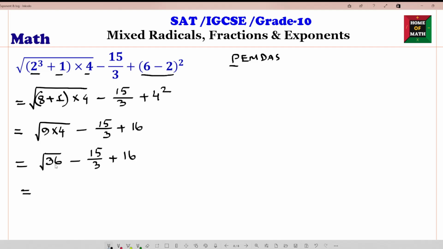Now 36 is a perfect square. Once we make square root, we will get 6 minus 15 divided 3 plus 16. So 6 plus 16, it will be 22 minus 15 divided 3.